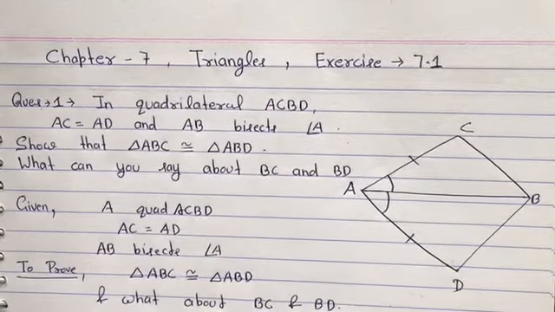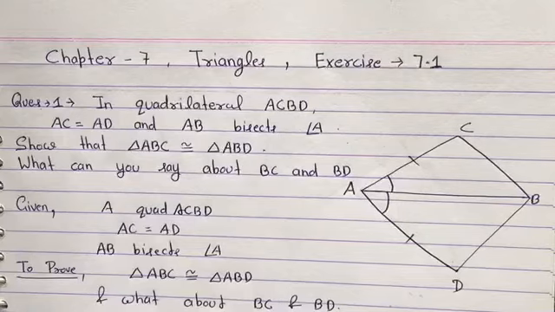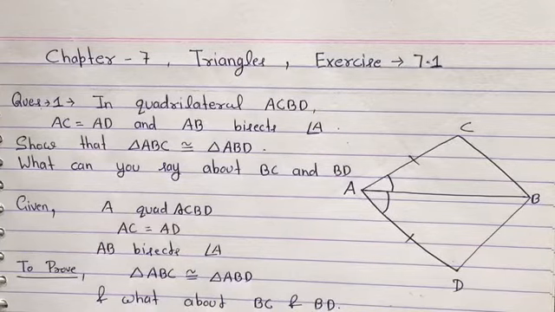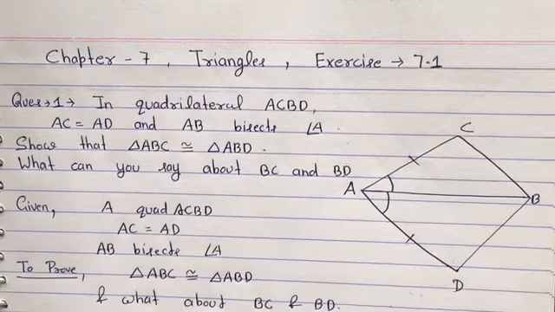Now we have 3 congruencies that we can use to prove and solve different varieties of questions. In angle angle side congruency, what do we have to look for? We have to look that two consecutive angles are equal and a side attached with any one angle is equal, then these two triangles are congruent.